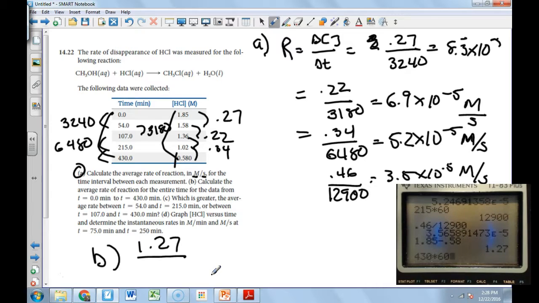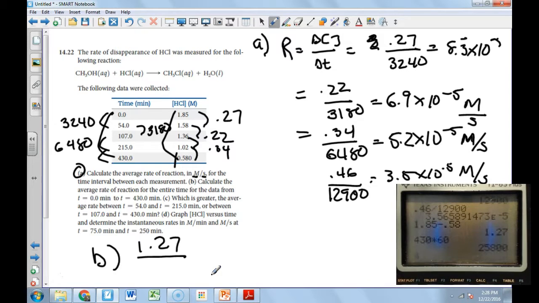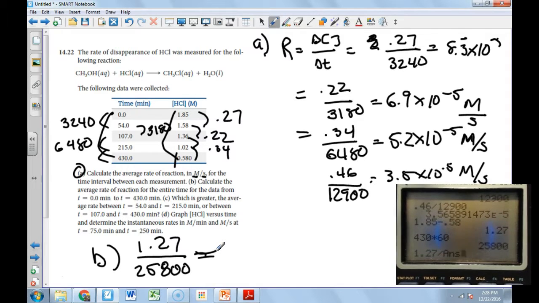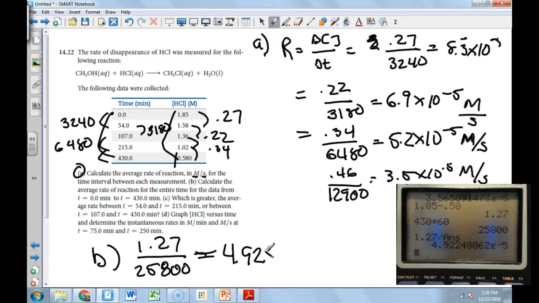We want it in seconds because we're going to be asked to compare, so that's 25,800 seconds. 1.27 divided by that number gives us 4.92 times 10 to the minus 5, and that's the average over that whole time.